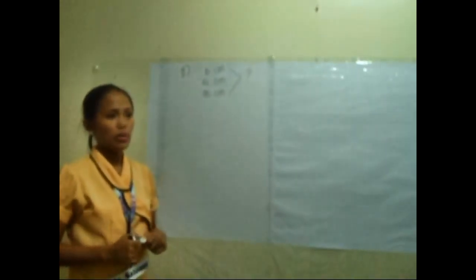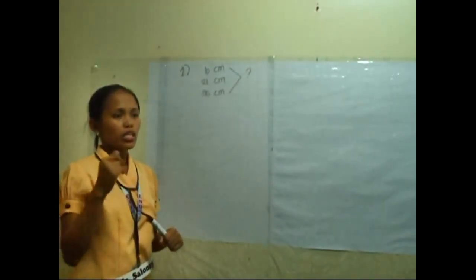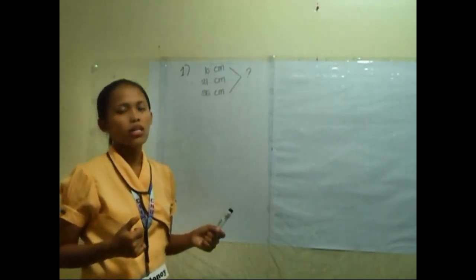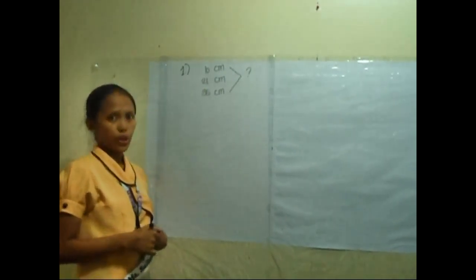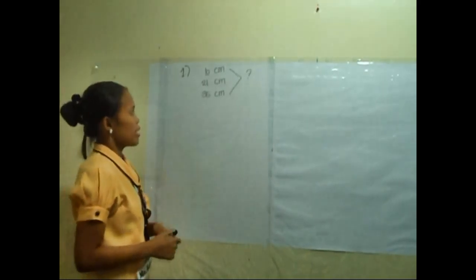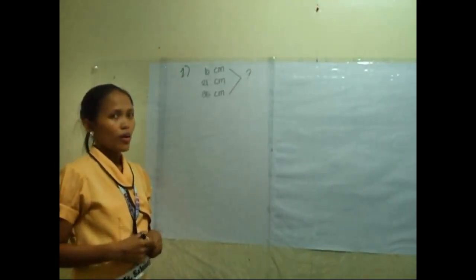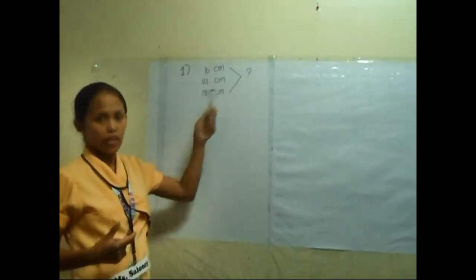In order to answer that question, we need to use the triangle inequality theorem. It states that the sum of two sides of the triangle is greater than the length of the third side. So let's try if we can really form a triangle with this measurement.